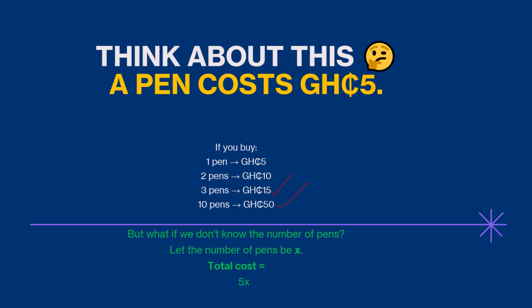Let the number of pens represent X. Remember, you can also use Y, P, Q, R, or any other variable to represent the unknown number. In that case, 5 Ghana cedis multiplied by the unknown quantity will give you the total cost.